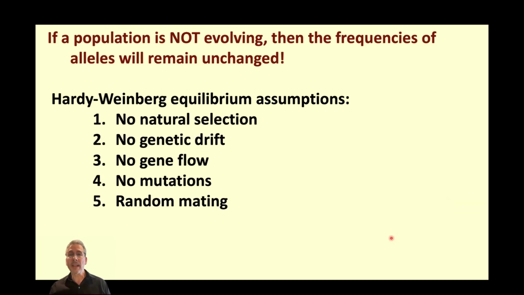And you have to have random mating. Now, these are some assumptions that would have to be met for a population to not be evolving. If you think about these conditions, they're simply not ever met in natural populations. There's always at least one, if not several, of these conditions that are violated in natural populations.